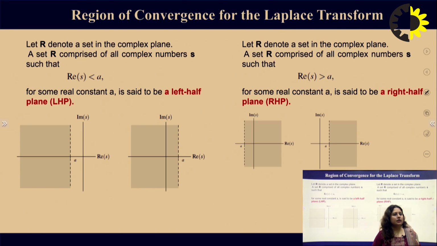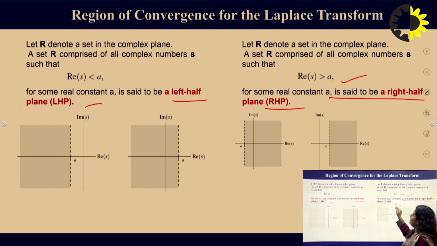So let R denote a set in the complex plane, a set R comprised of all complex numbers s such that real of s is less than a, for some real constant a, is said to be a left half plane, that is LHP you can say, and for real of s greater than a, for some real constant a, is said to be a right half plane.